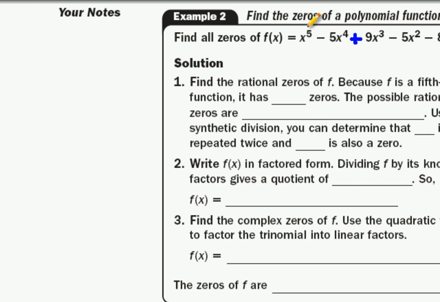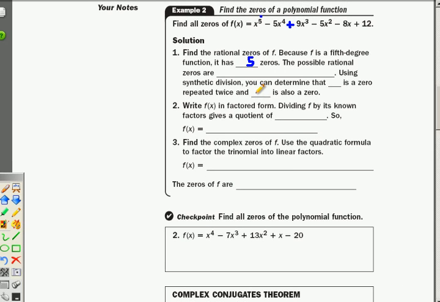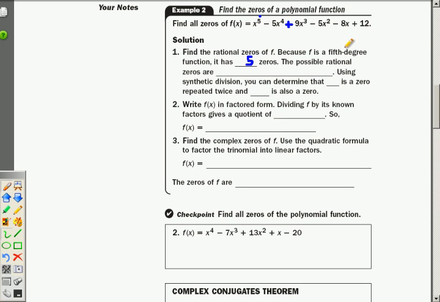Right here, since it's a 5th degree polynomial, I'm going to have 5 zeros, and I'm going to try to find them. One way is to find all the possible rational zeros. You take the constant at the end, 12, and the leading coefficient, which is 1: all the factors of 12 divided by all the factors of 1.